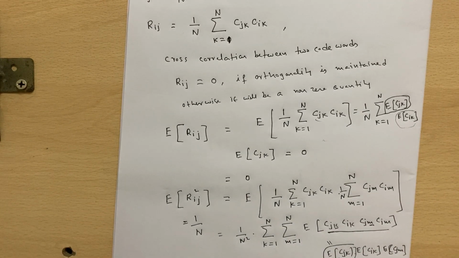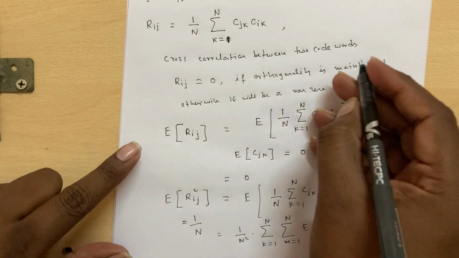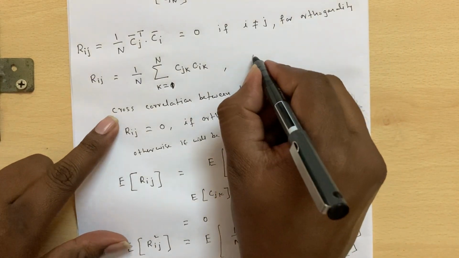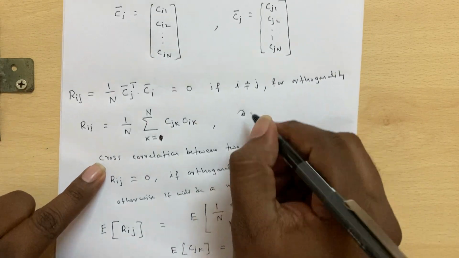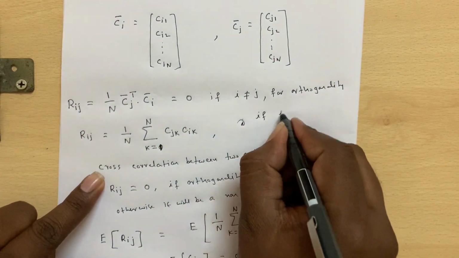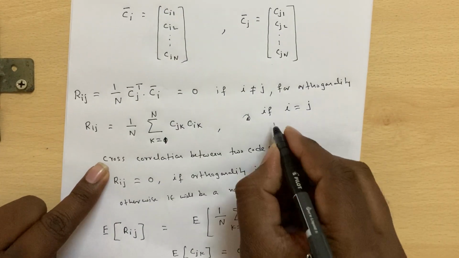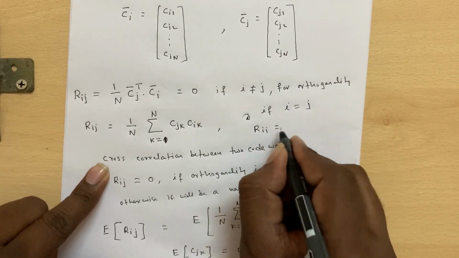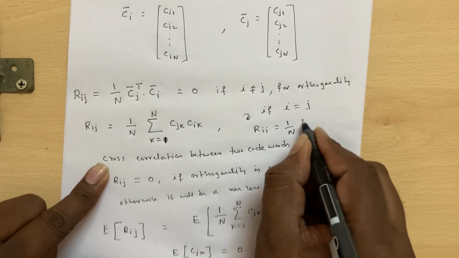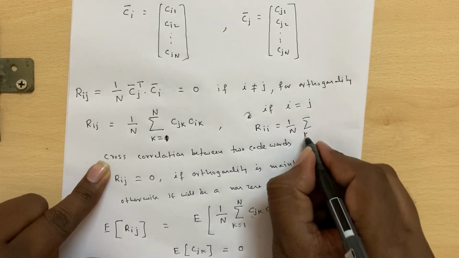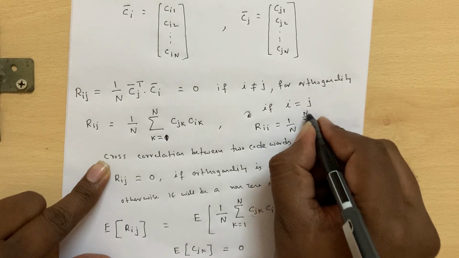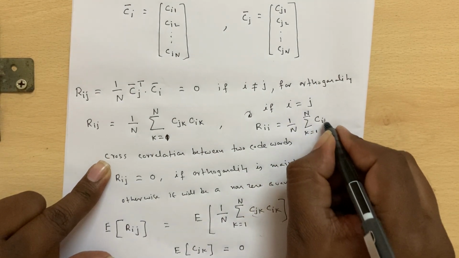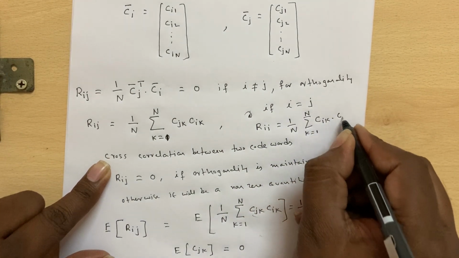So this is about orthogonal codes. The dot product has to be 0 if i is not equal to j. If i is equal to j, then it is 1 by n, sum over k equal to 1 to n of Cik into Cik.